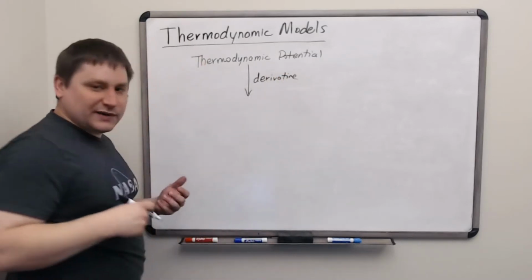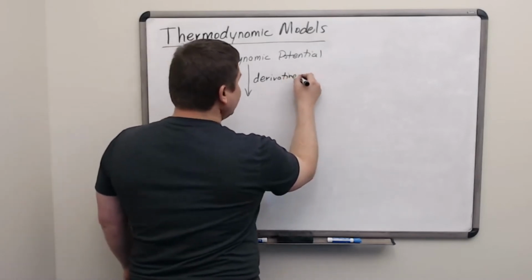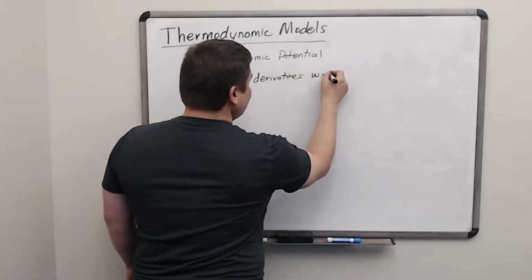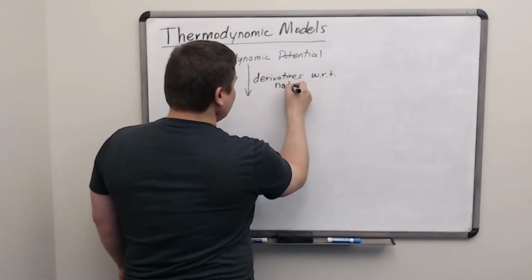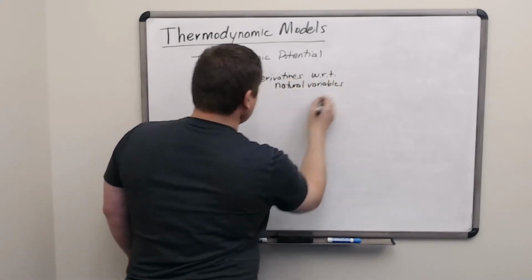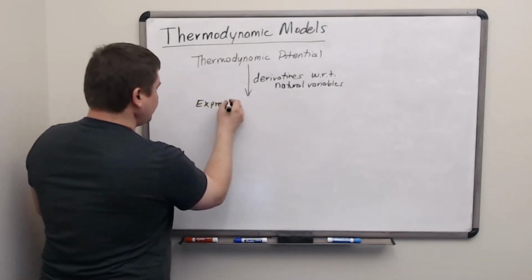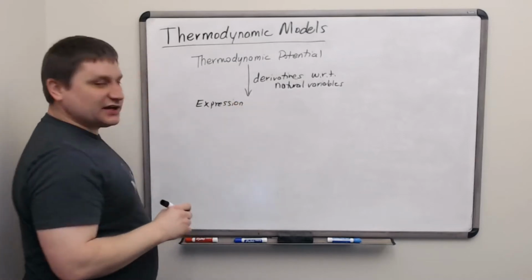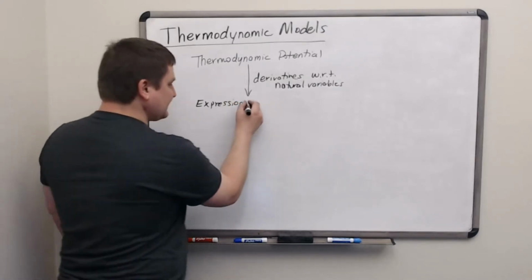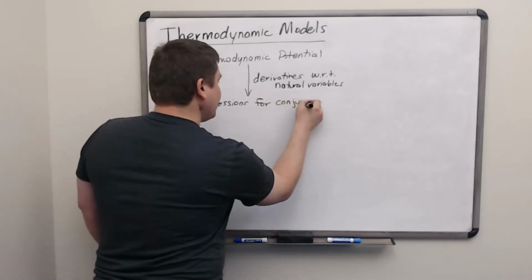Our next step, once we have this thermodynamic potential, is to take derivatives of it. So we take derivatives with respect to the natural variables. Those derivatives result in explicit expressions for what we've called the conjugate variables.